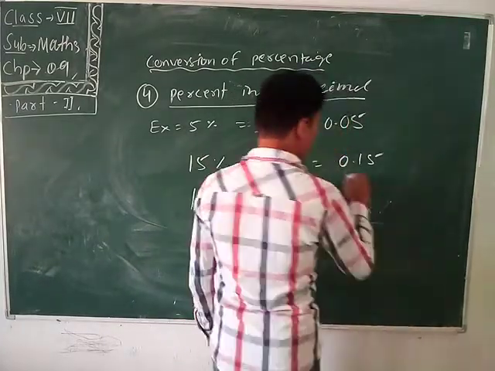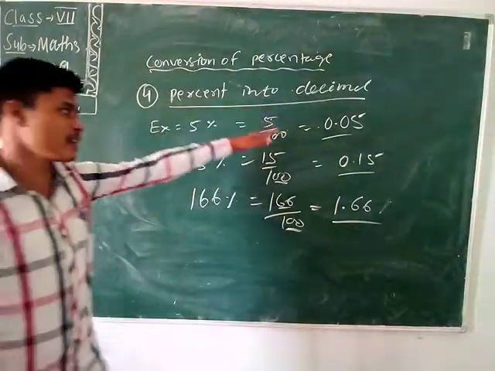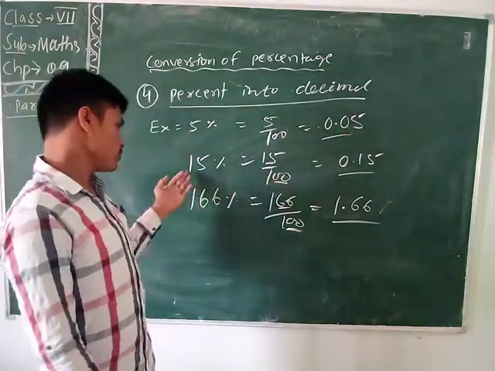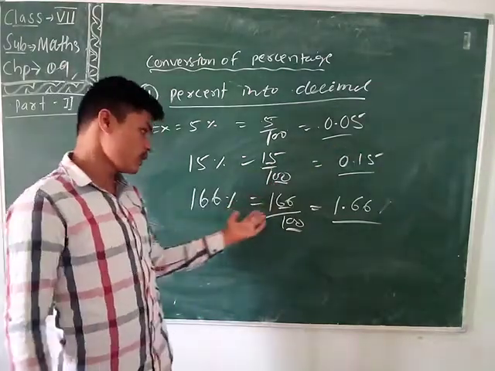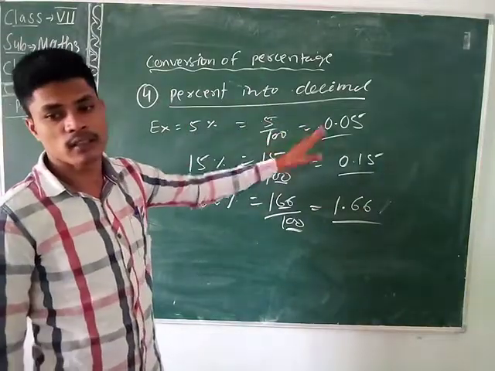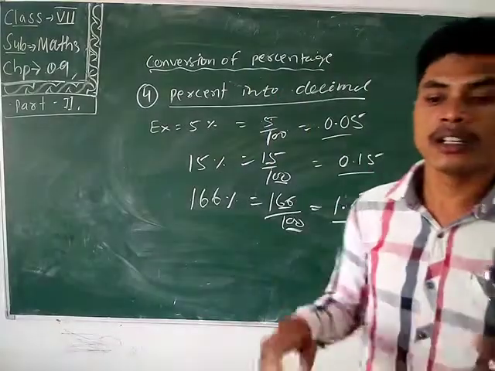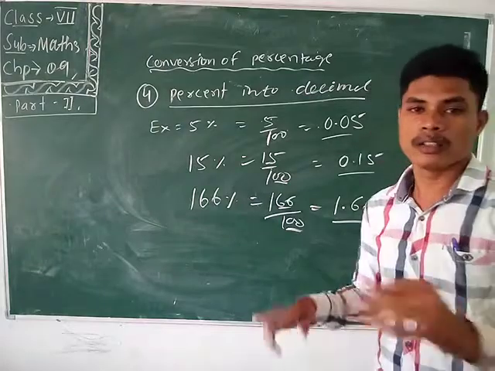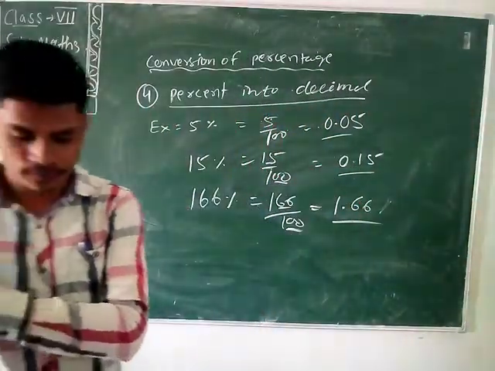When we convert percentage to decimal, 5% means 5 by 100, so 0.05. 15% is 0.15. 166% is 1.66. Clear? We learned percentage into fractions, fraction into percentage, decimal into percent, and percent into decimal. These are 4 types of conversions.